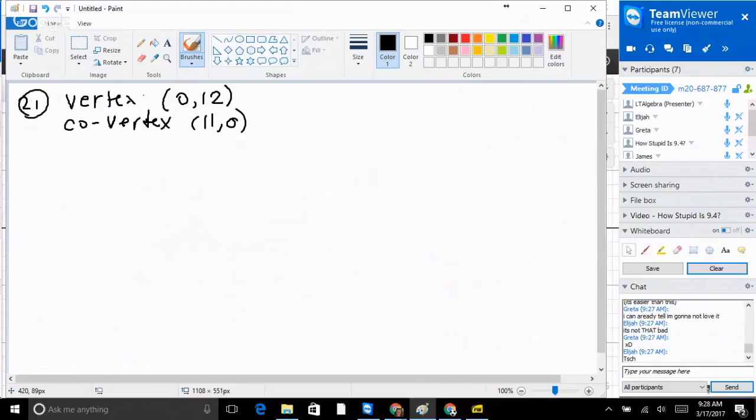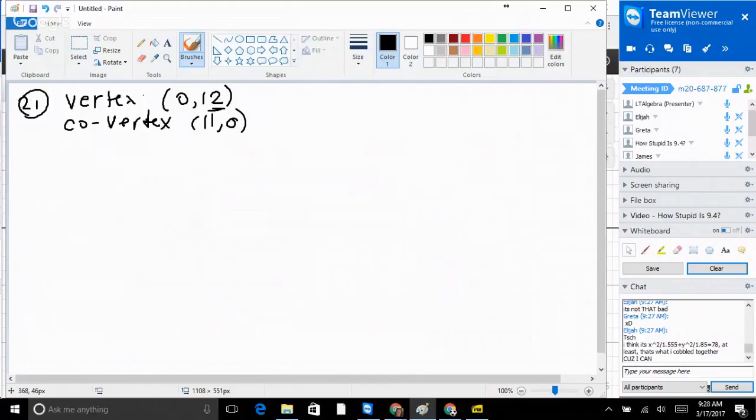Which number is bigger? 12 is bigger, right? Yes. And 12 is in the y position. So that means that the y component of our ellipse is going to be bigger and we're going to get a vertical ellipse.